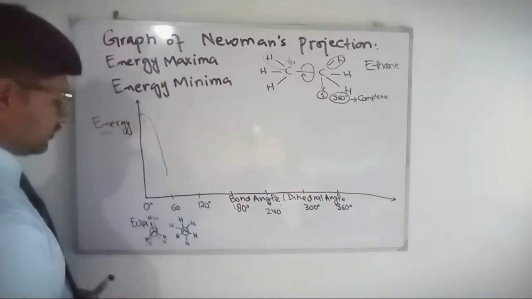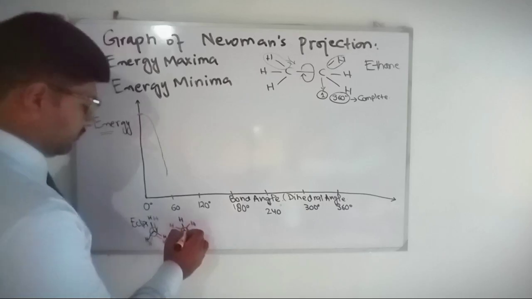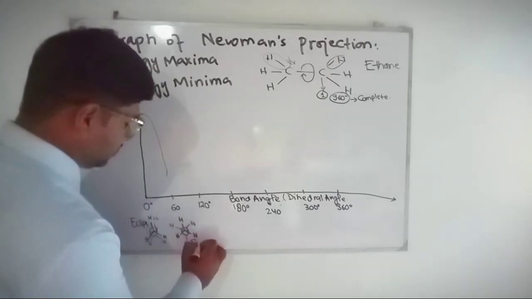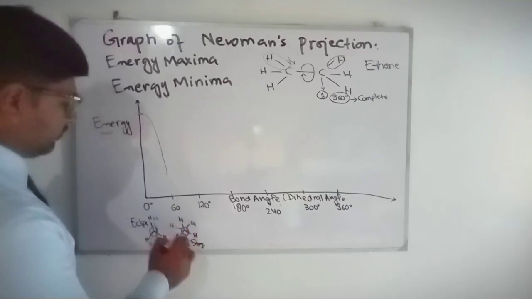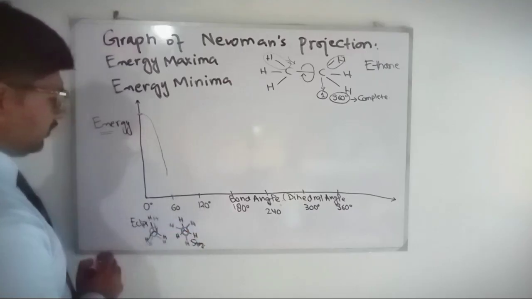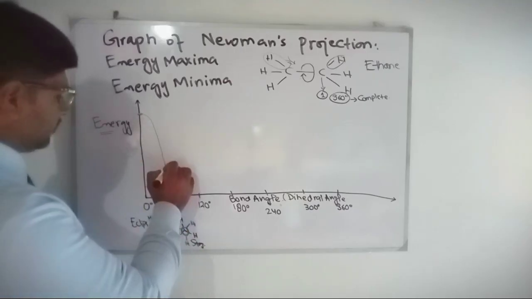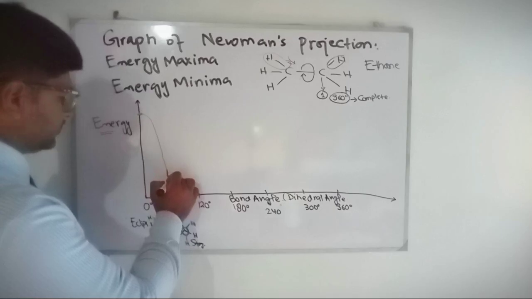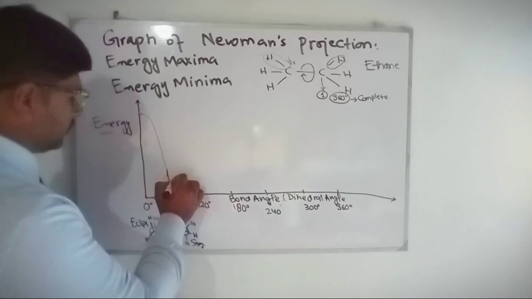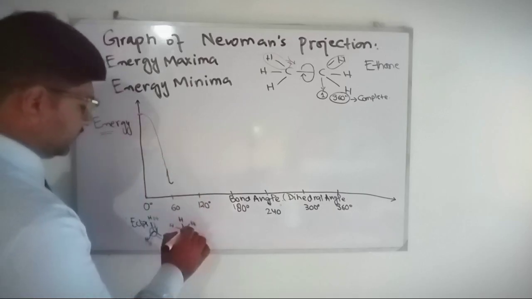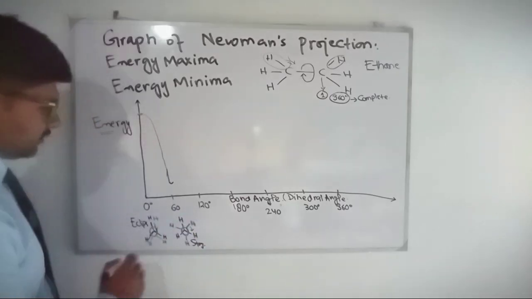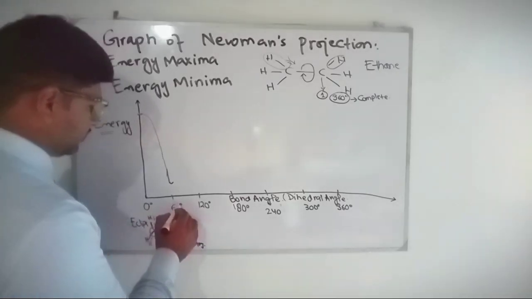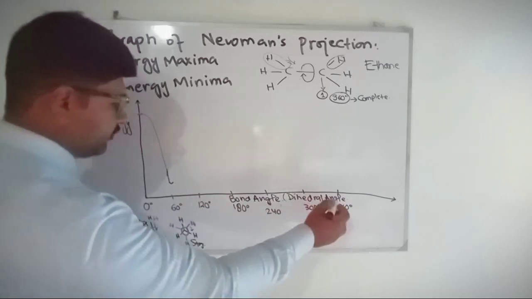Now, just by rotating one carbon atom, we get our staggered conformation, and this kind of conformation will be staggered. Now, at the staggered conformation, remember that the energy will be minimum until it is again rotated by 60 degrees. So we are adding 60 degrees in every rotation.